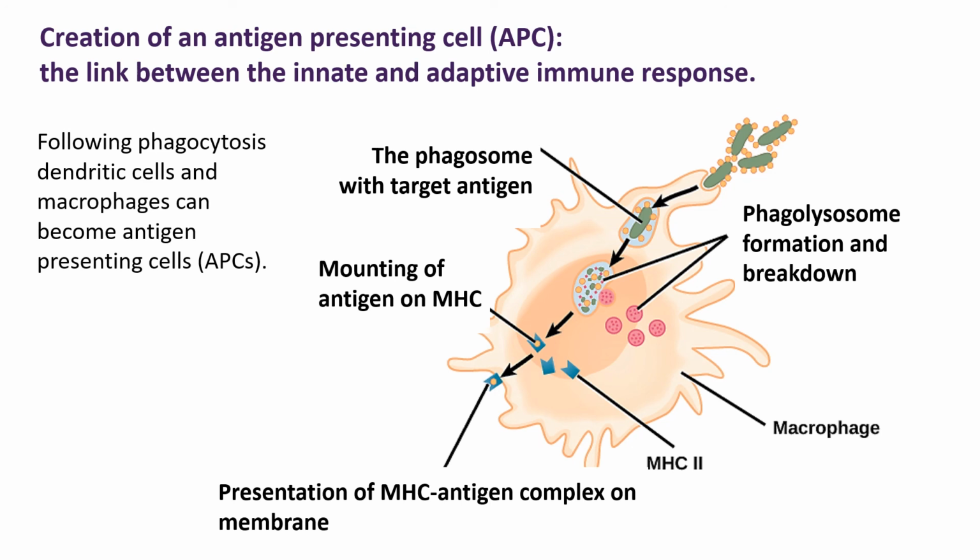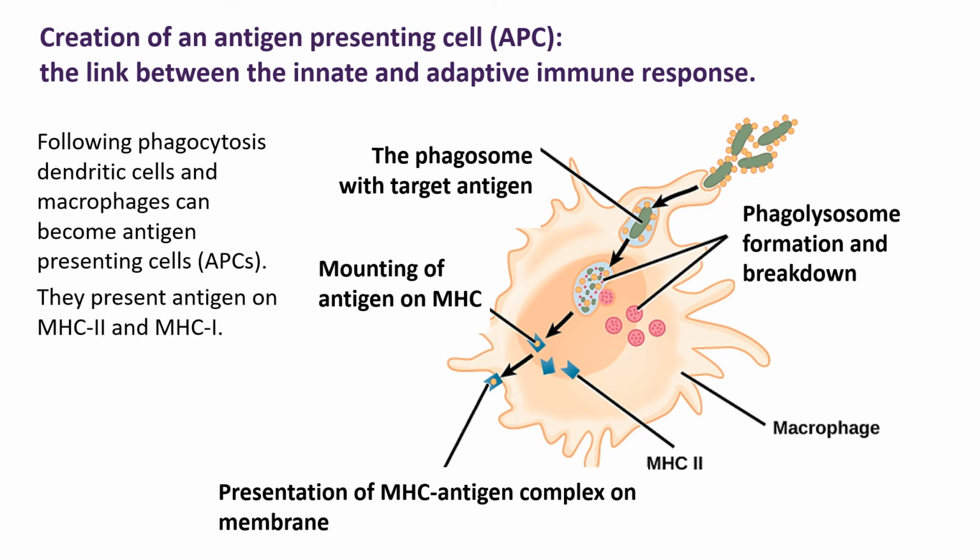Following phagocytosis, normally we've said that the debris is exocytosed, but dendritic cells and macrophages can use that debris and present it to turn themselves into antigen presenting cells.